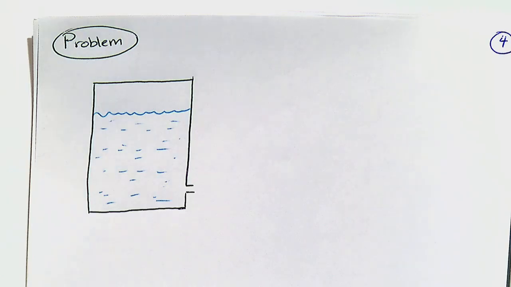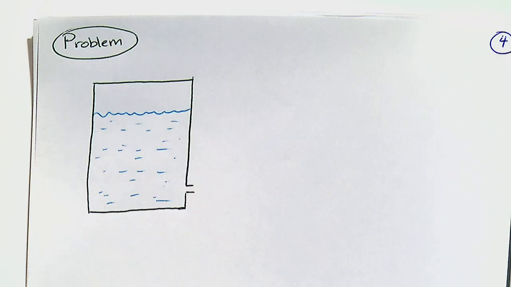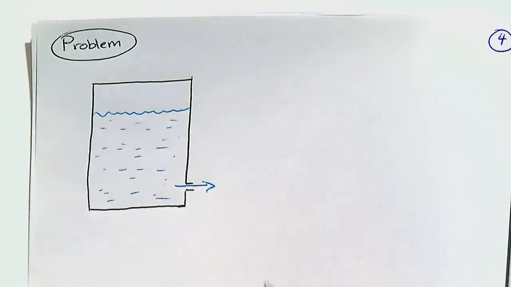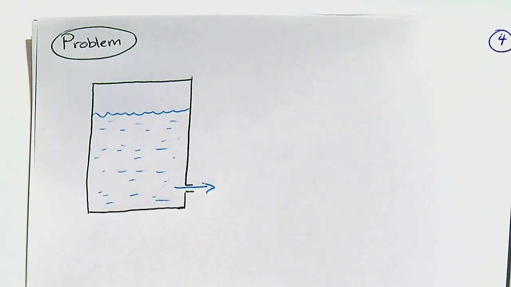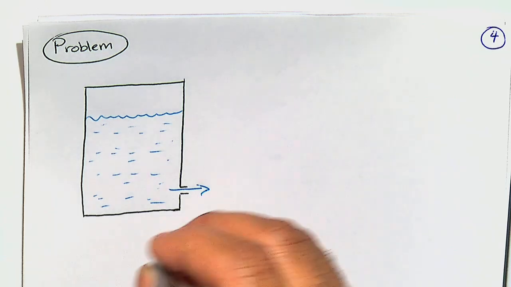So we want to figure out what is the velocity. If you fill this with fluid and you leave this open at the end, of course this will flow out. So there will be a flow out this way. And we want to know how fast it's going to flow out. So what we can do is treat one of these points.